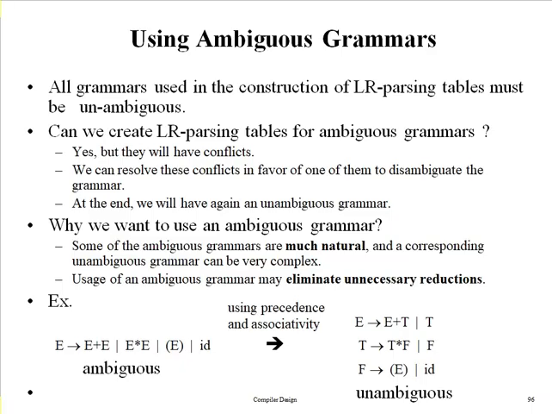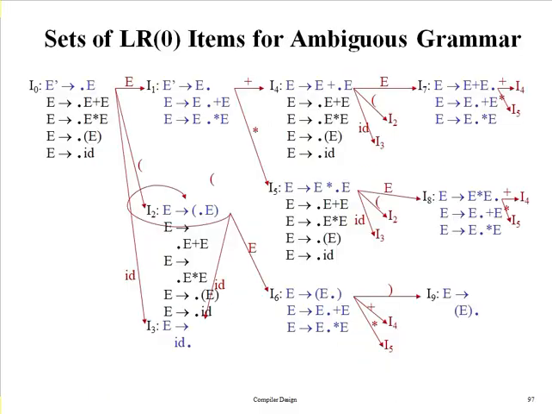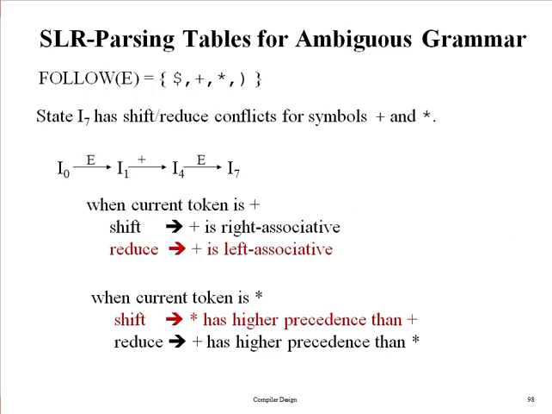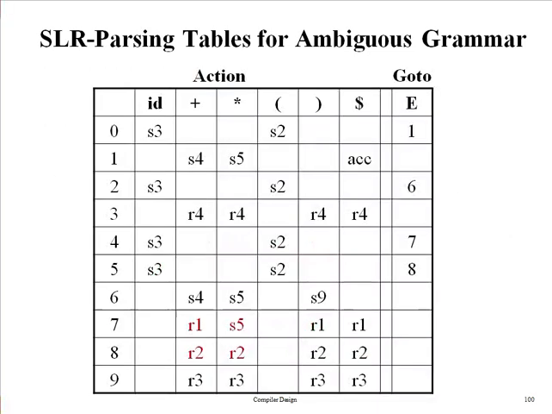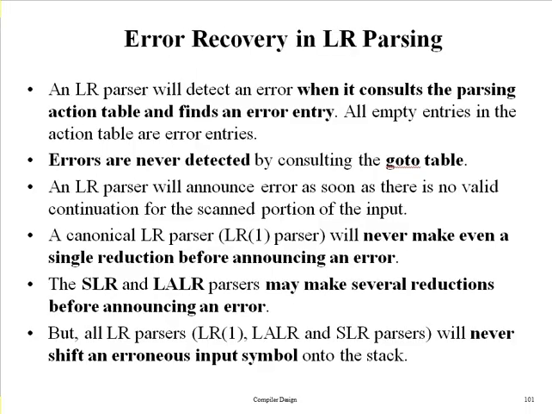Sometimes we may use an ambiguous grammar just for representing concepts. Some parsers may use ambiguous grammars, but obviously their parsing table will have conflicts. But it's possible to use grammars with ambiguity for a different purpose.